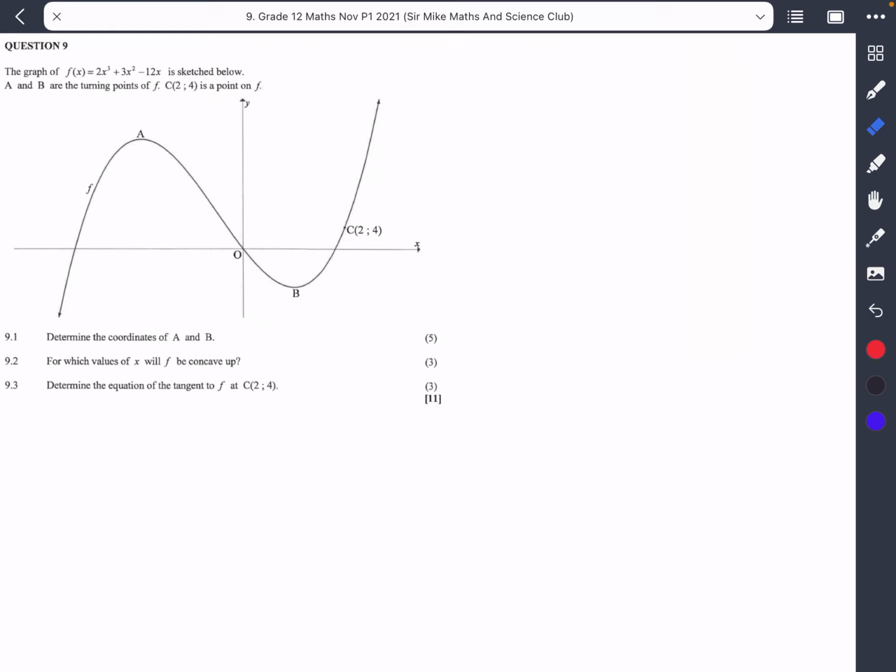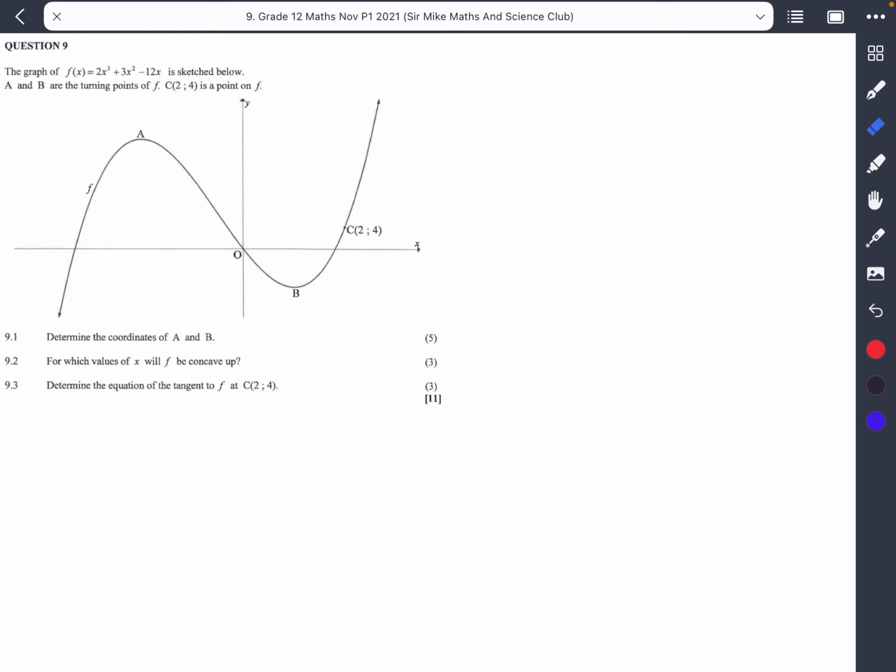To get the turning points of a cubic function, the first step would be to take the equation of that cubic graph, take the first derivative, and equate that to 0. Then you would calculate the x coordinates of those turning points.